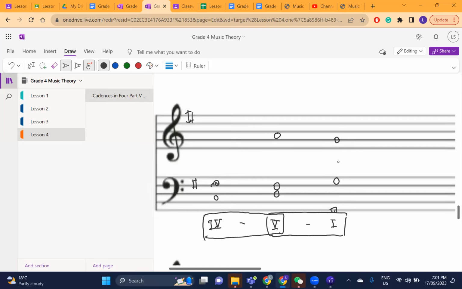And then you miss the 5th, but you still need to keep the 3rd, which goes there, and you have to put it like that. And then E. That's right.